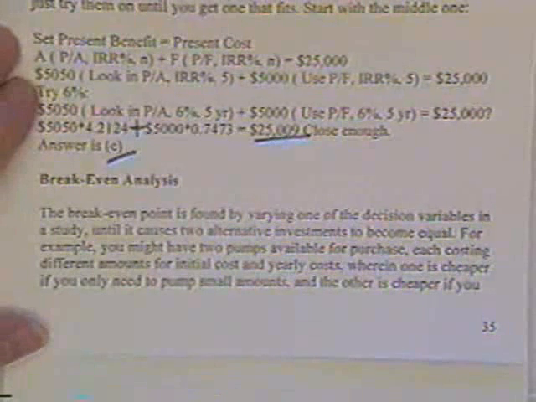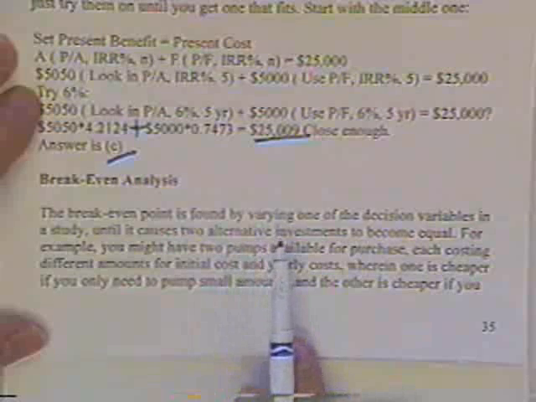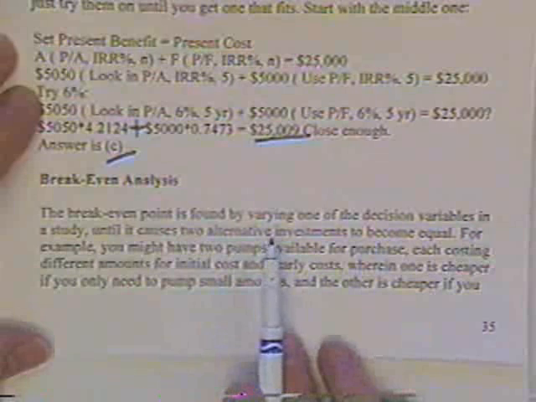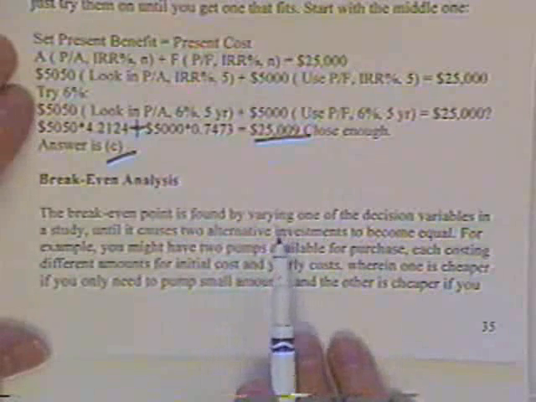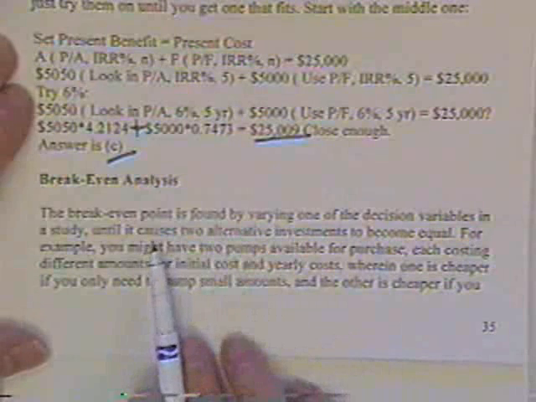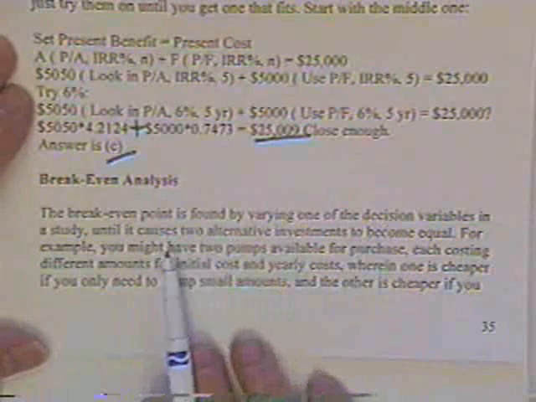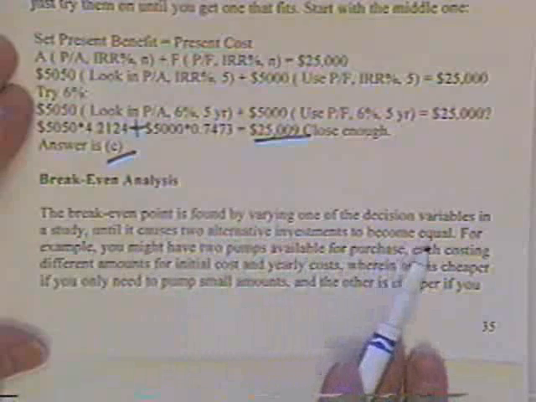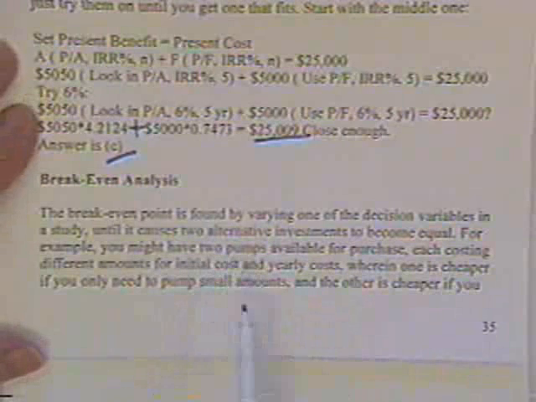Well, I'm looking for the break-even point, the point at which the number of computers made just barely breaks even so that we don't have any loss and we also don't have any profit. The break-even point is found by varying something like how many you're going to make until that change causes two alternative investments to become equal.